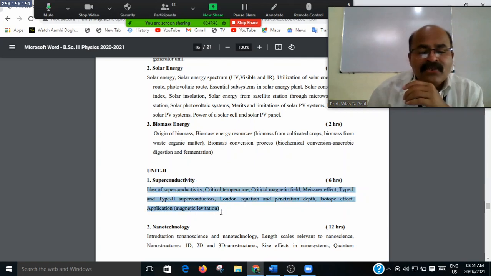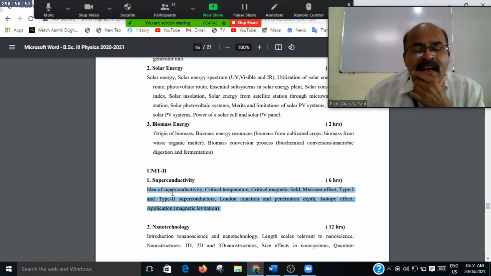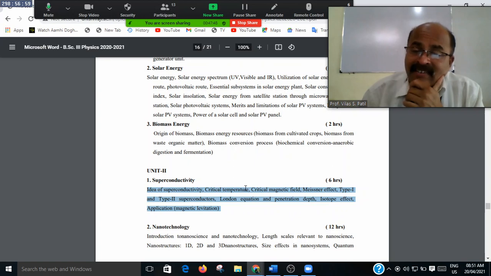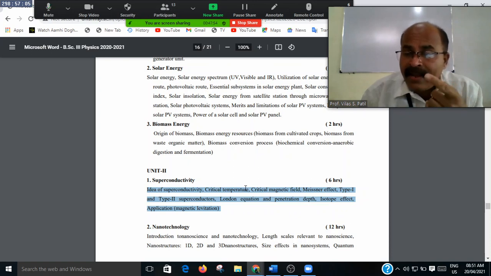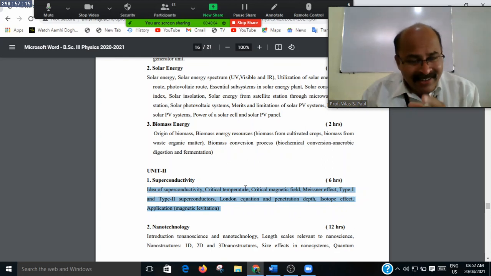This is the syllabus of the superconductivity: idea of superconductivity, critical temperature, where any conductor will act as a superconductor. I tell that here liquid helium acts as a superconductor at 4.2 degree Kelvin.